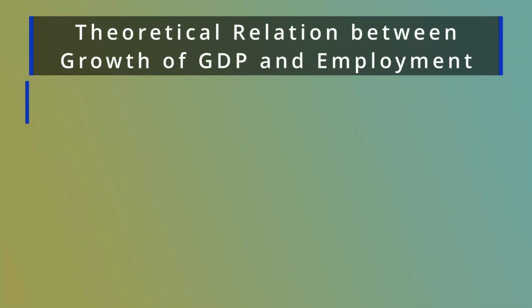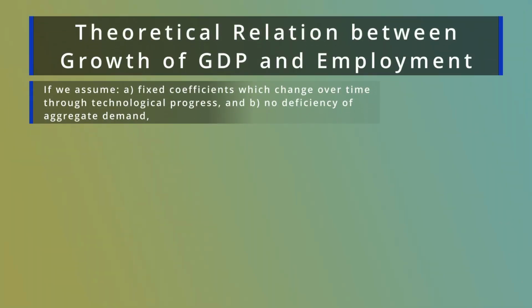Section 2: the theoretical relationship between growth of output and growth of employment. If we consider that there is no deficiency of aggregate demand, and fixed coefficients of production which may change over time due to technological progress, then the growth rate of employment is determined by the difference between the growth rate of output and the growth rate of labor productivity.